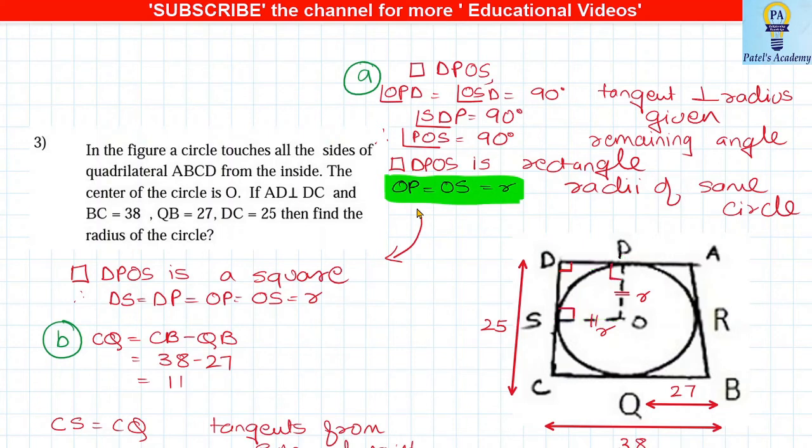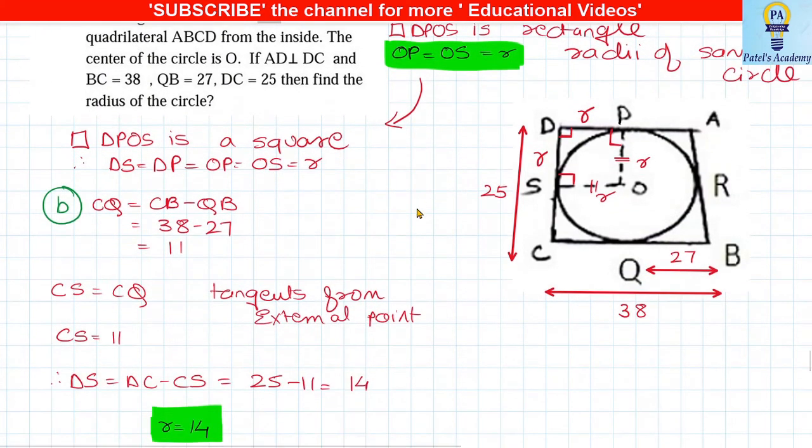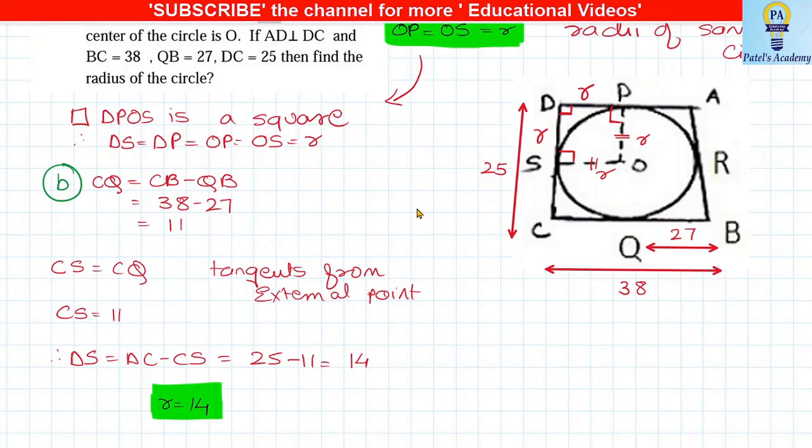Now let me remove the highlight. Now see the figure, students. As it is a square, I can say that DP and DS are also R. Now that is what we will be requiring in part B. So we proved that it is a square. Now we have all sides as R.